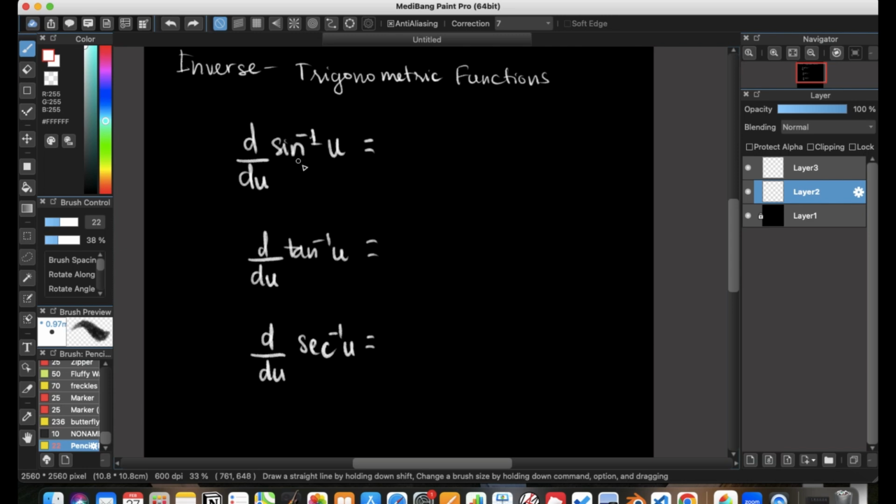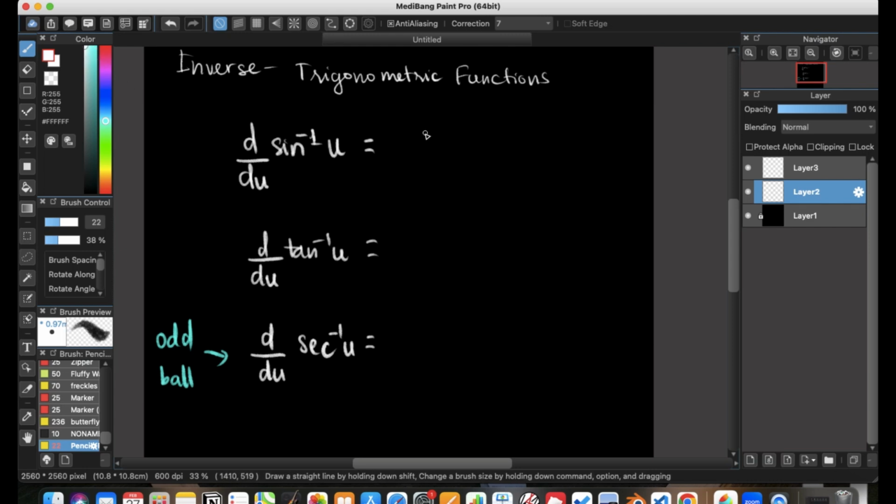So we're going to consider d over du of inverse sine u, and the same thing for inverse tangent and inverse secant u. Okay, so let's memorize this one. Secant u is like an oddball, it's a little bit different.